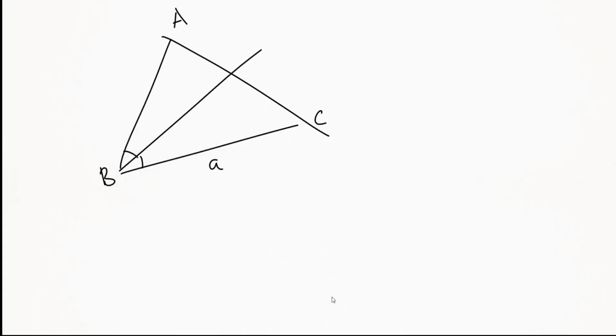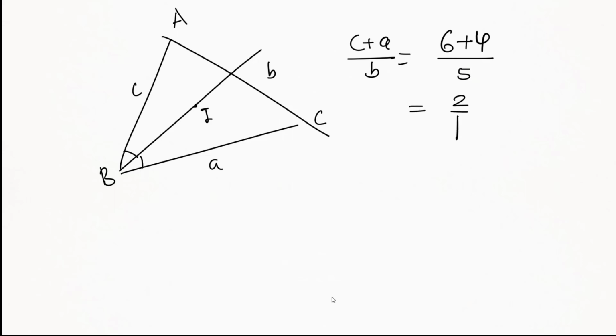So the triangle is this one, A, B, C, and it is saying bisector of B. So this is A, this is B and C. The incentre will divide in the ratio of the sum of these two divided by this one. So C plus A by B. Just put those numbers: 6 plus 4 over B, which is 5. That is 2:1. Very simple question.